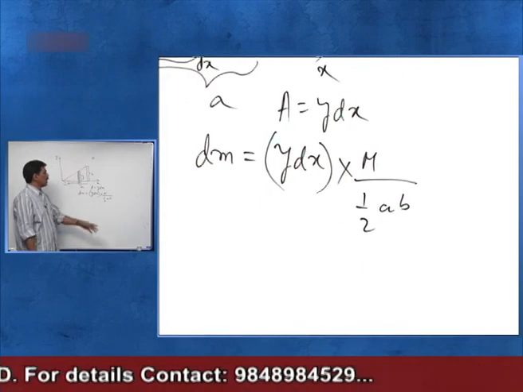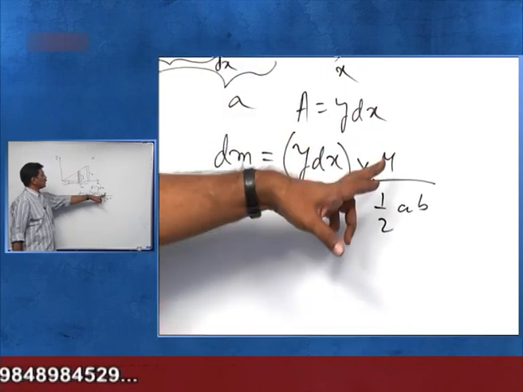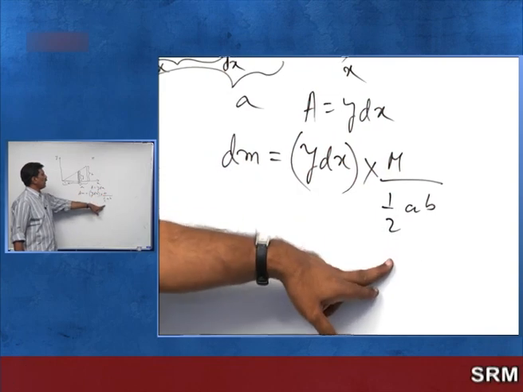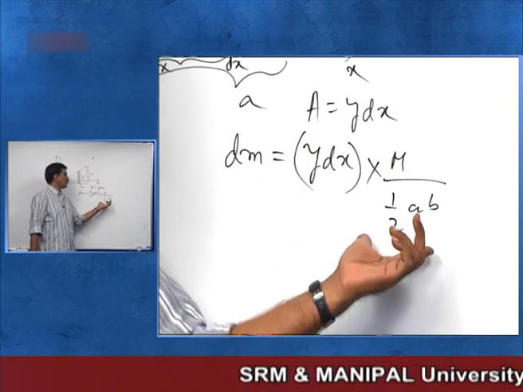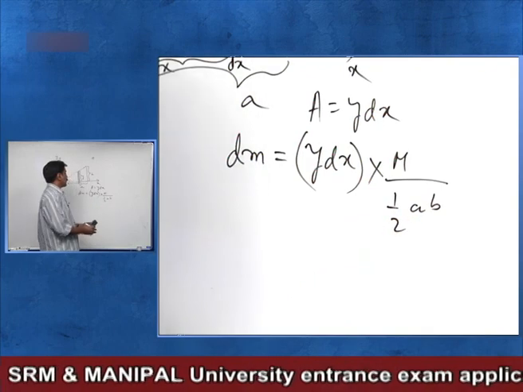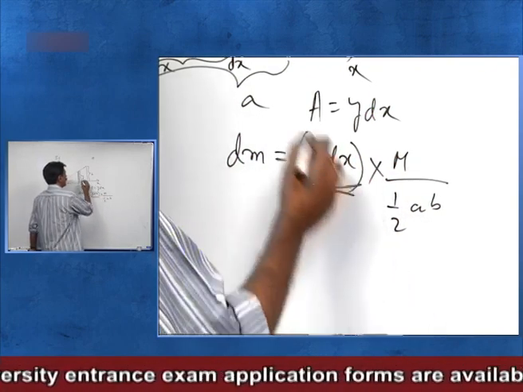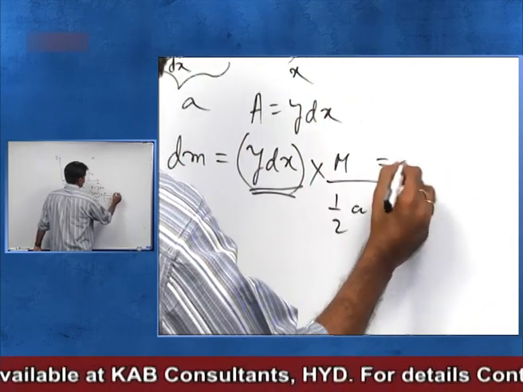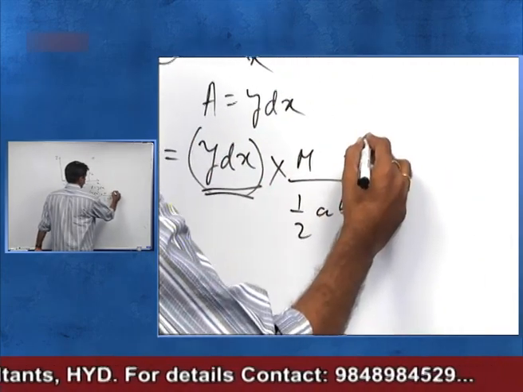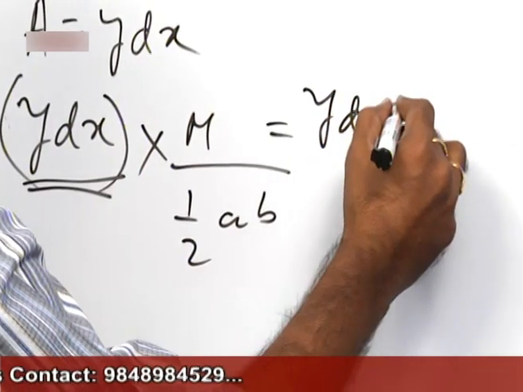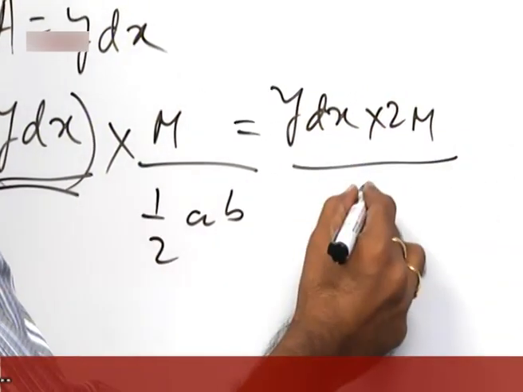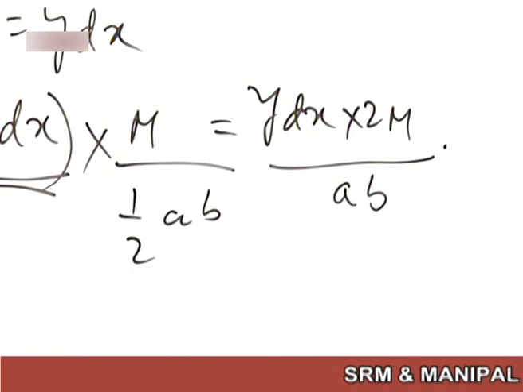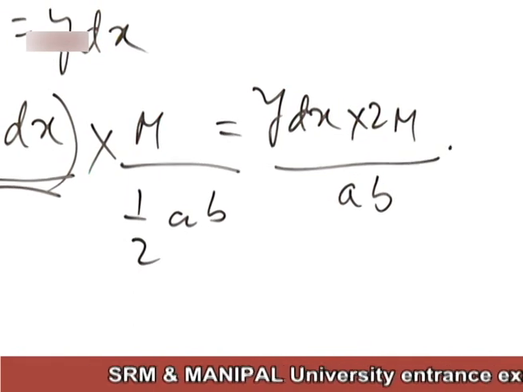Total mass divided by total area gives the mass per unit area of the triangle. That into the area of this element gives dm, which is equal to y dx into 2M by AB.